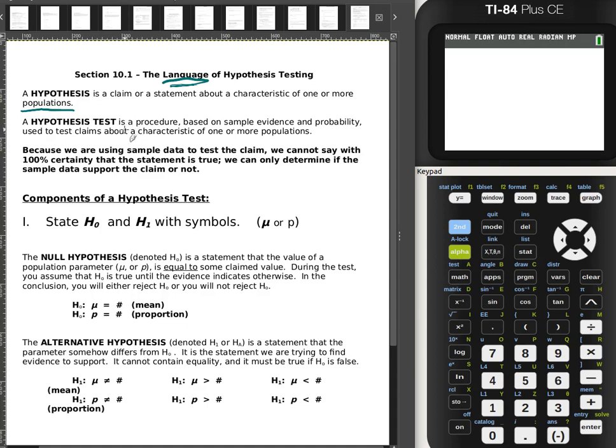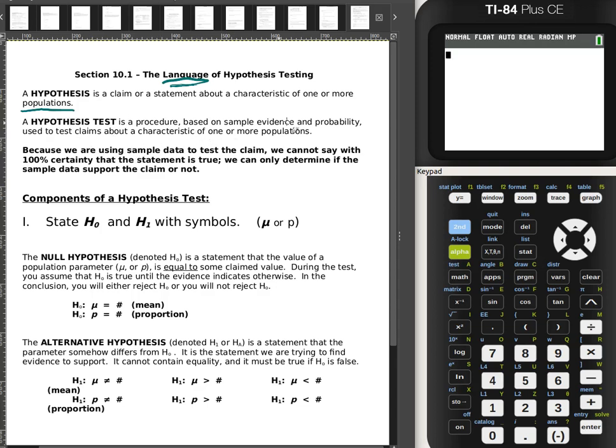We can say, you know, I believe that 10% of all M&Ms are green or something like that. Or else you can make a claim about a mean where you can say, I'm stating that the average height of 25-year-old males is 6 feet tall, something like that, or 5'9", or whatever the case may be. We will test these kinds of hypotheses.